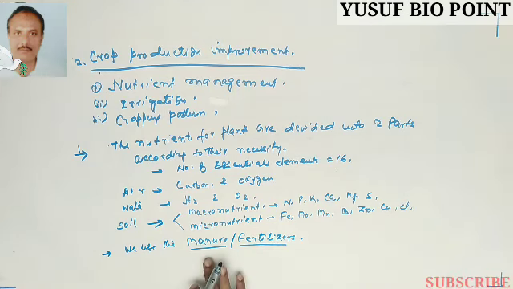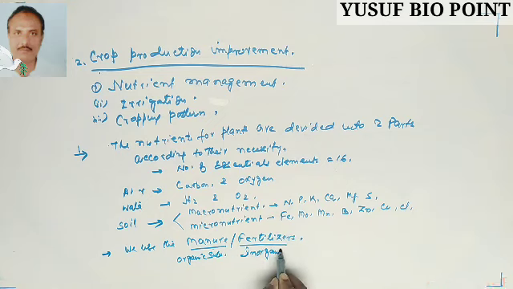Manure is domestic and fertilizer is from the factory. So we use manure and fertilizers: manure is an organic substance and fertilizer is an inorganic substance.